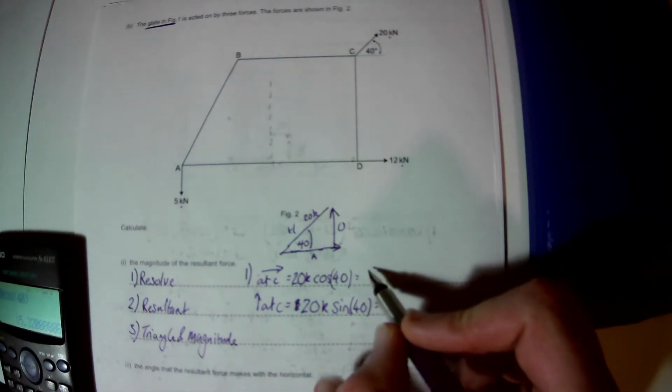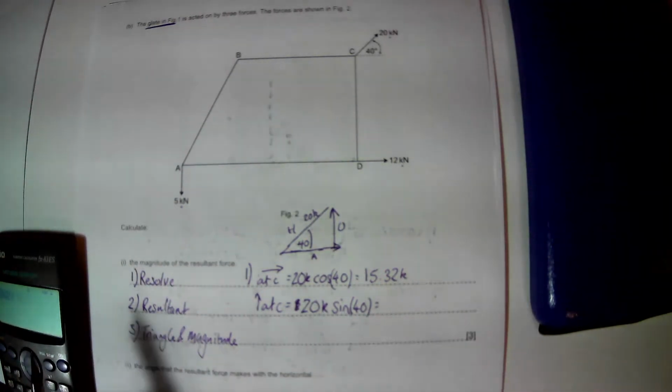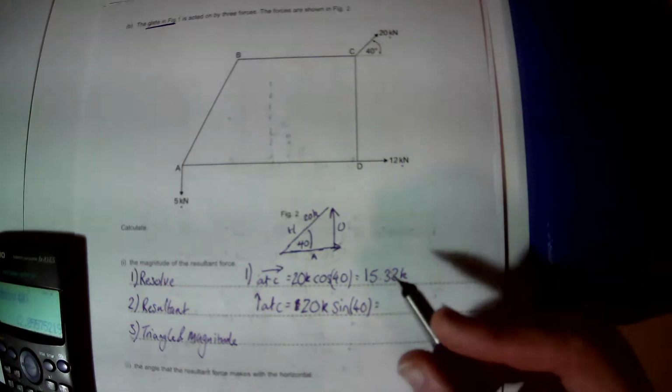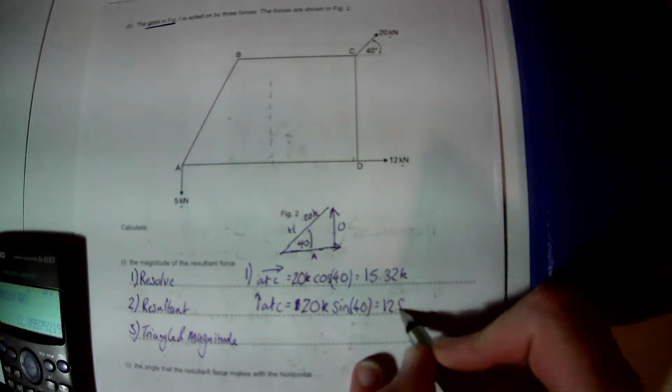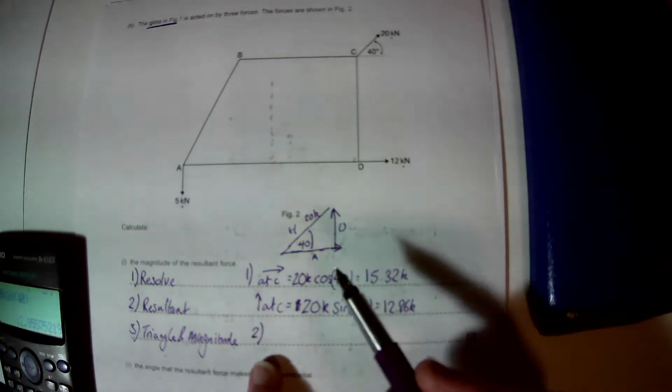So 20 cos 40 comes out as 15.32k. 20 sine of 40 comes in as 12.86k.